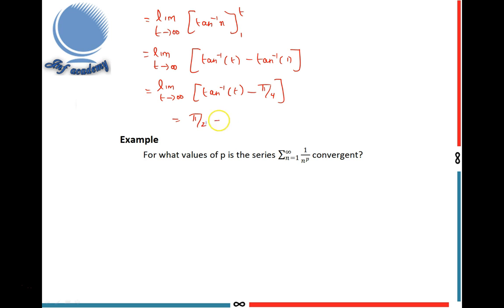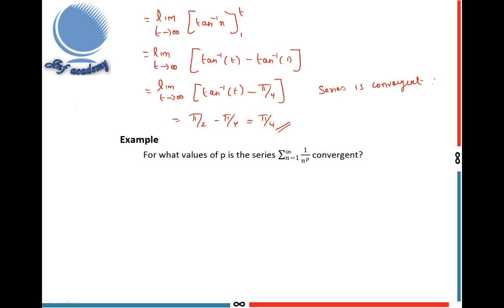So pi by 2 minus pi by 4 is equal to pi by 4. Here the integral is convergent, with value pi by 4, so the series is also convergent, because the integral is convergent. This is one example. Next, I will give another example.